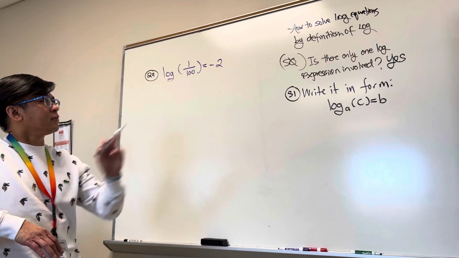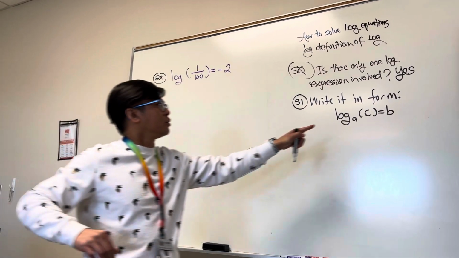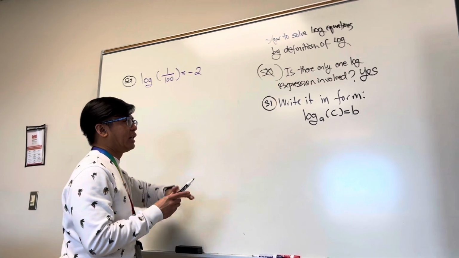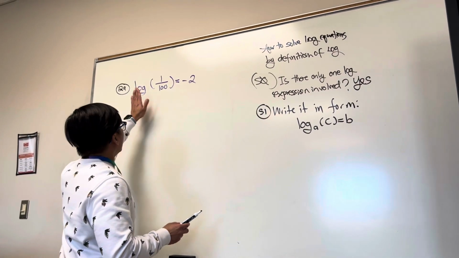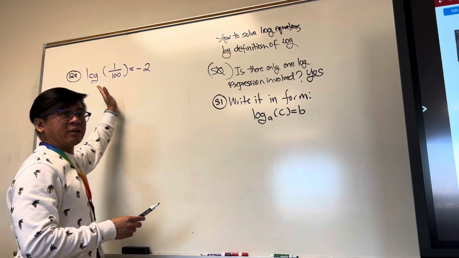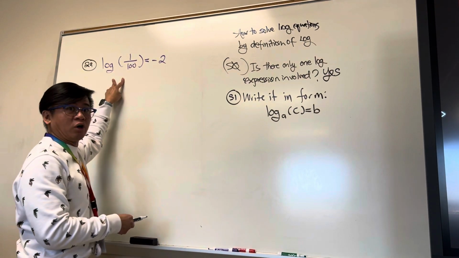Emma? Write it in form log A, C, or B. So you write it on that form, right? That the left side should only have what? A logarithm, a base, a number, all right? And the rest is on the right side, okay? So is this on that form?